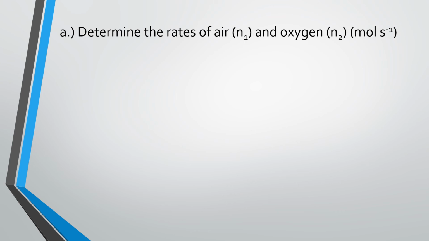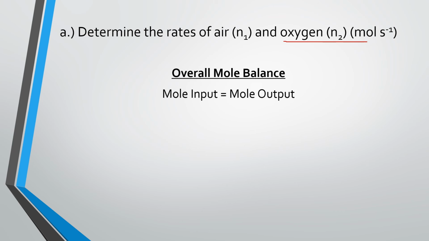For the oxygen flow rate N2, an overall mole balance should be done. This means the mole input is equal to the mole output. This notation results in this equation. So rearranging these terms in terms of N2, since N2 is still unknown, results in this equation. As N3 was already given and N1 was solved in the preceding slides, N2 can now be calculated.